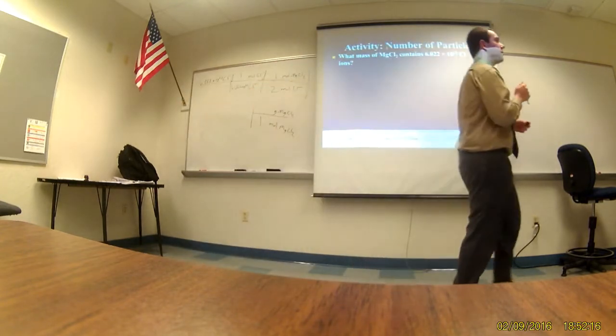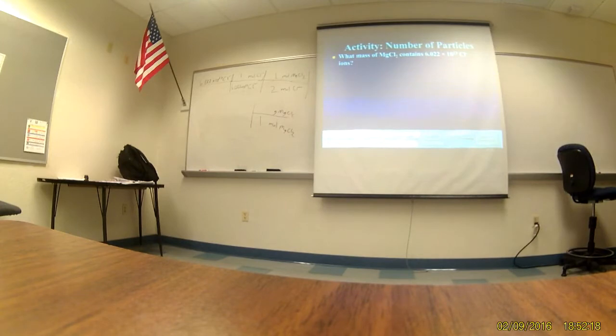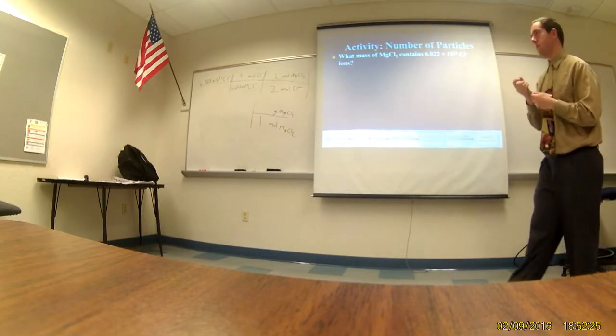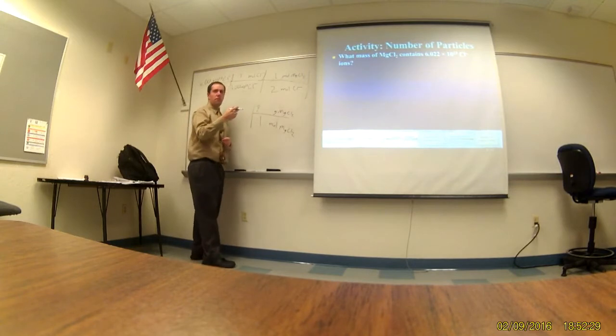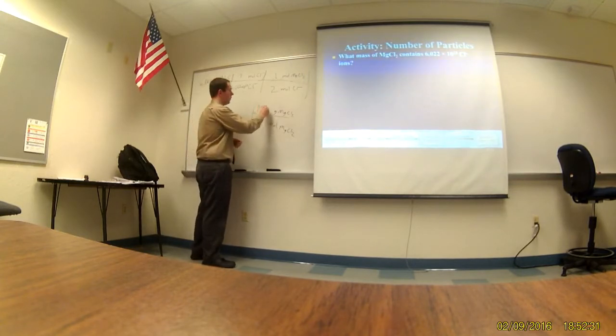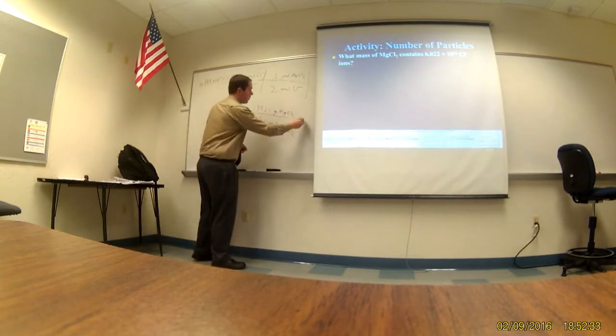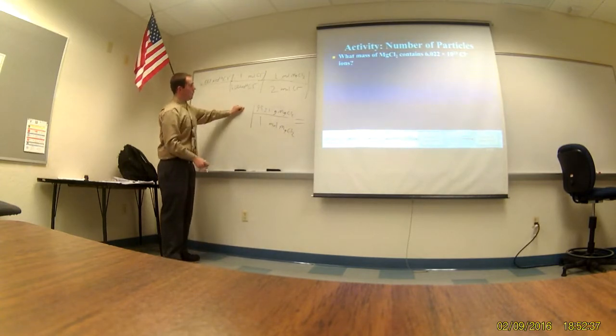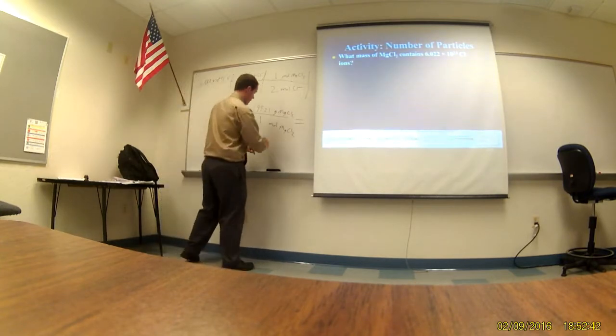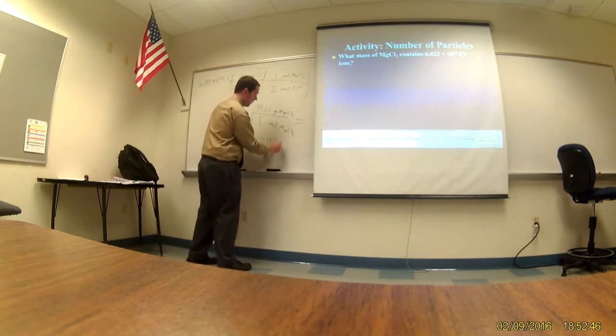So magnesium, 24.3 plus 35.5 plus 35.5. 95.3? So if you do all of this math, what do you get? Equals 47.68.